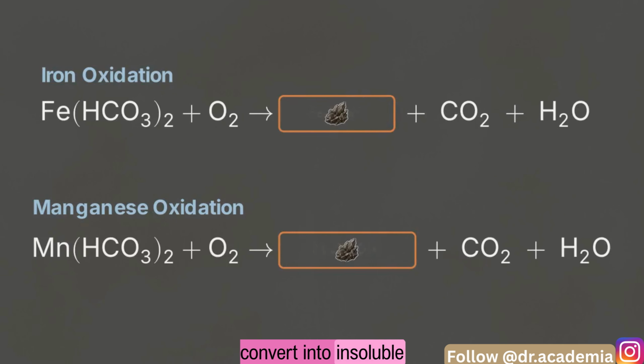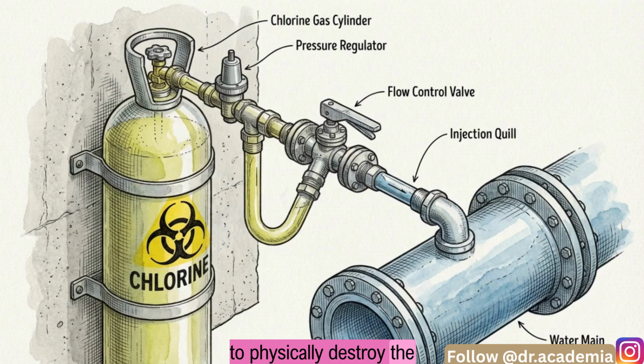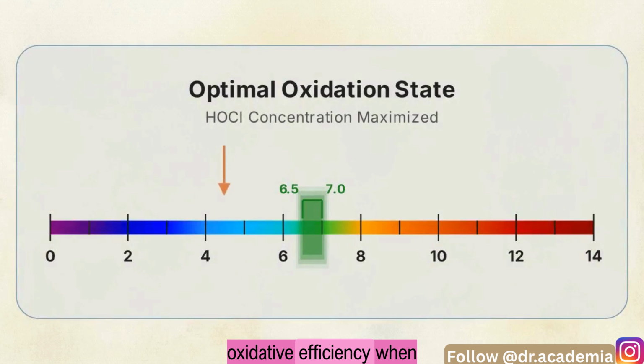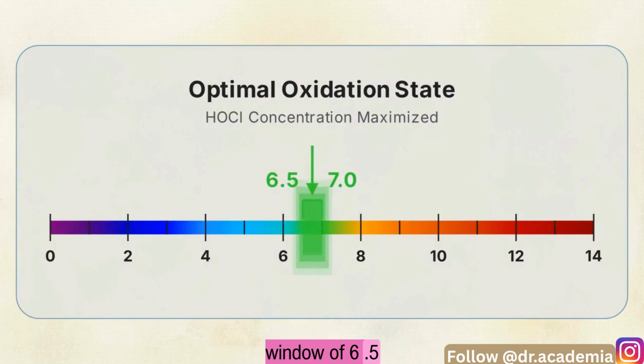In parallel, chlorine gas is dosed to physically destroy the cellular material of microorganisms through pre-chlorination. This process achieves maximum oxidative efficiency when the water is maintained within a precise pH window of 6.5 to 7.0.